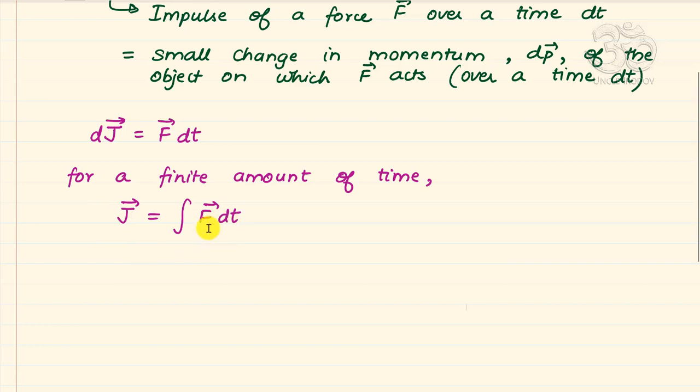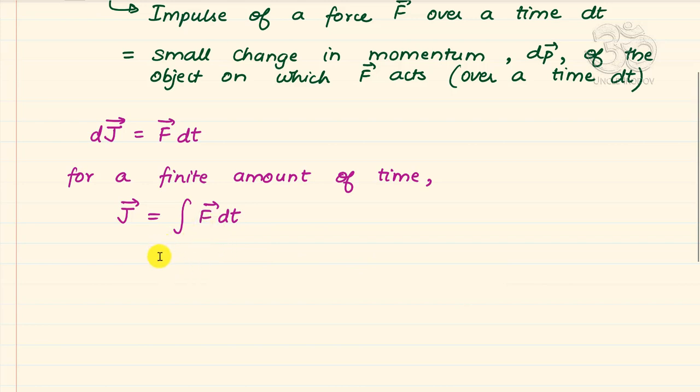And this force that I'm talking about may be the only force acting on the object, or it may be the resultant of a large number of forces acting on the object. There is always a chance that there are F1, F2, F3, F4, etc. forces acting on the object, and they give us a resultant F. Those forces may be dependent on time, and so the resultant F may also be dependent on time.